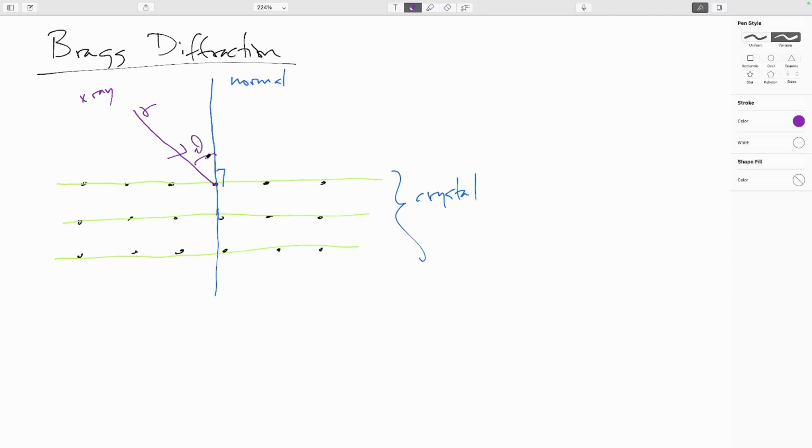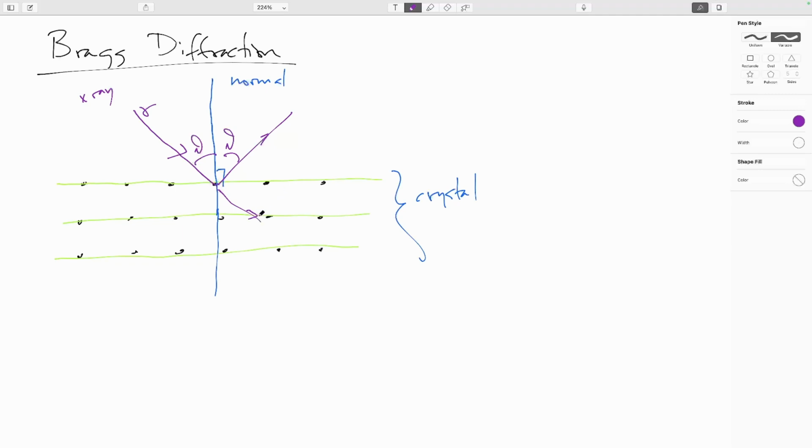at some angle theta. The law of reflection does indeed apply, but we're only going to reflect at particular angles because the light will also want to transmit through. So what's going to dictate whether we reflect or not?